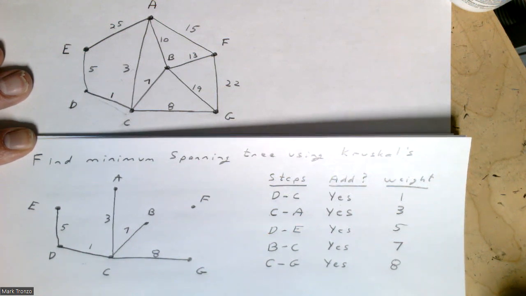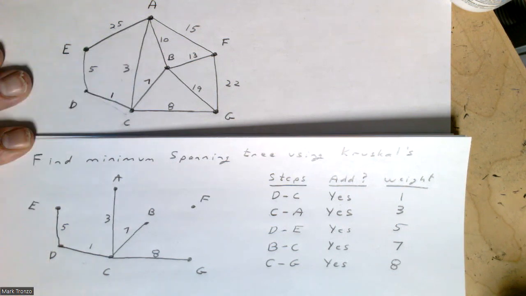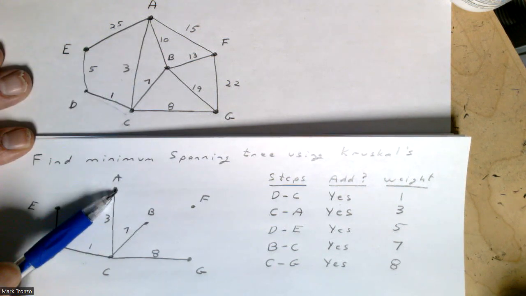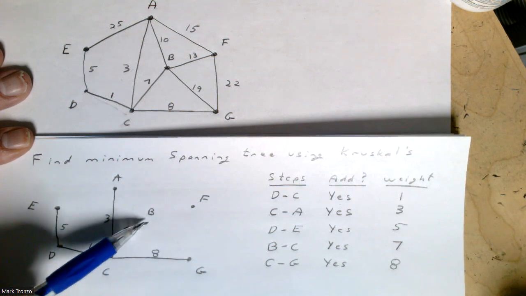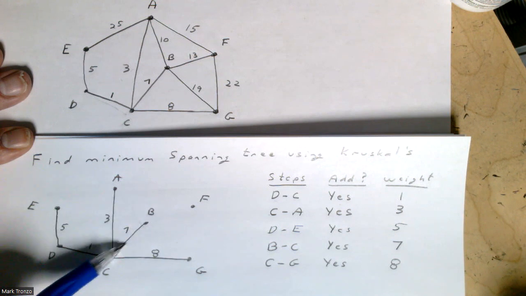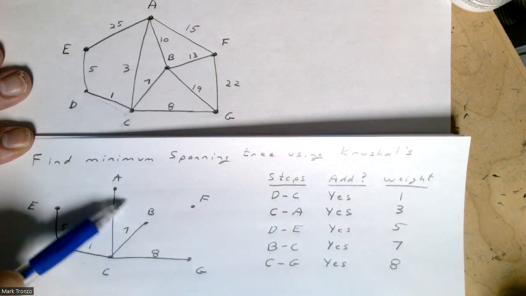And let's go to the next smallest one. It looks like a 10. This is AB, which is 10. But look, if we were to put this edge right here, this would cause a circuit right here, wouldn't it? So we cannot add that one.